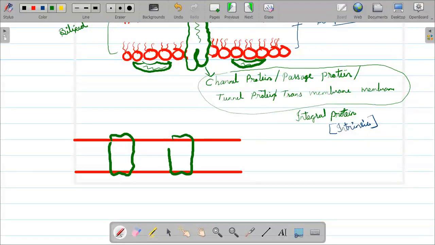First, we'll learn about integral protein, then we can go for the extrinsic or peripheral protein.